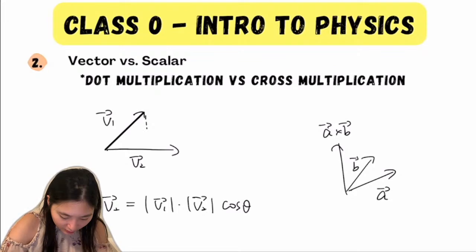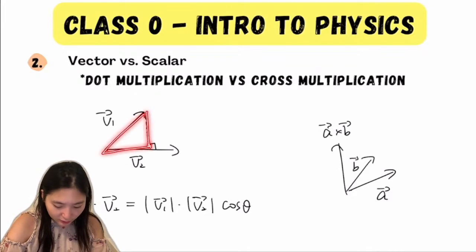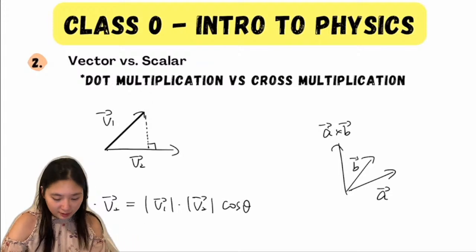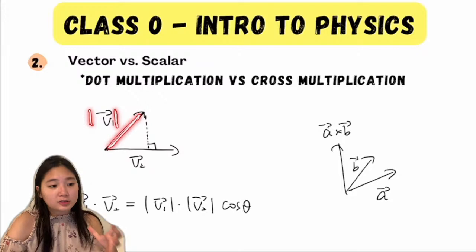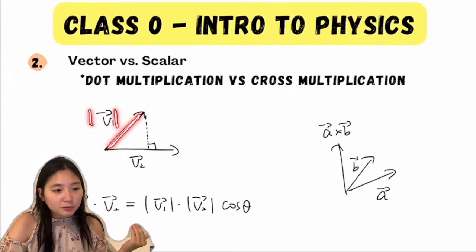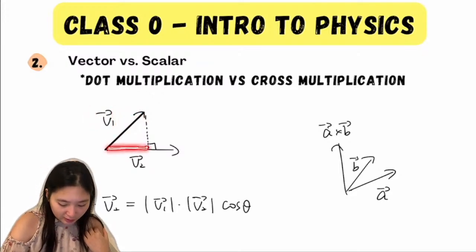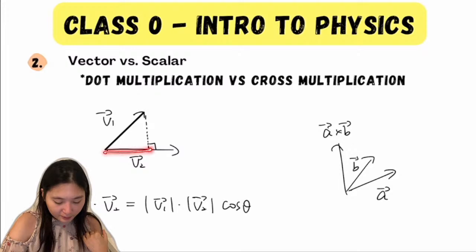Now I'm going to make a right triangle by drawing a vertical line to vector 2. This is a right triangle. So the magnitude of vector 1 times cosine theta, think of it as just the magnitude, not considering the direction. This is the hypotenuse, this is the angle theta, and this is the adjacent. So it becomes the adjacent.